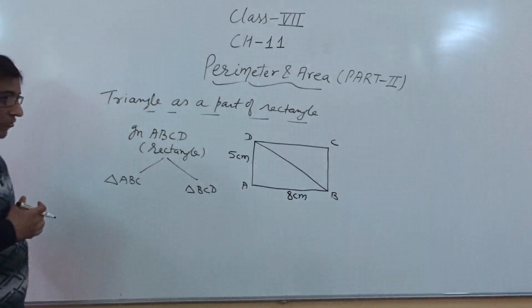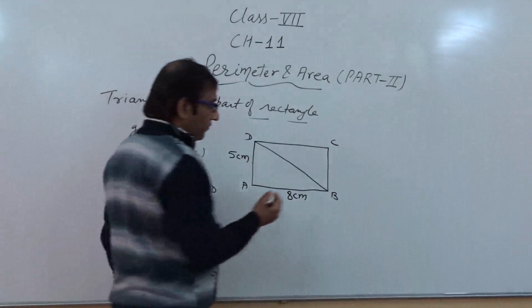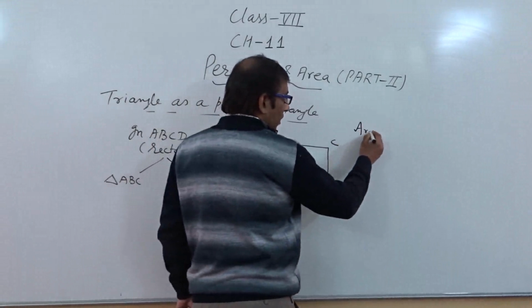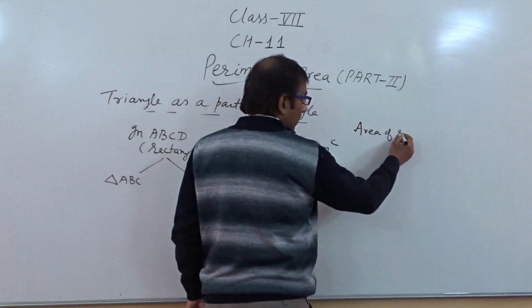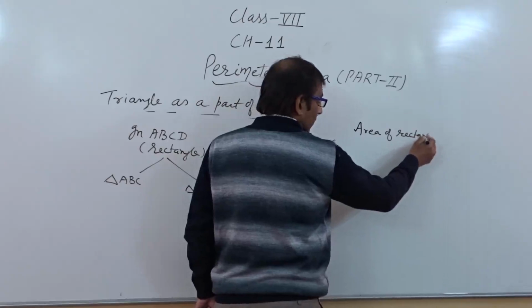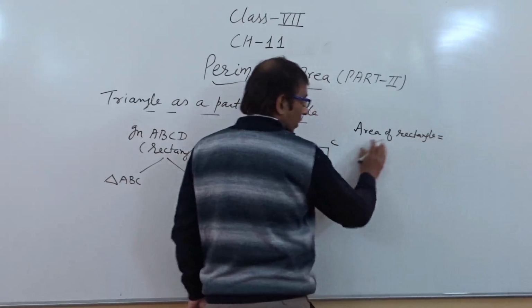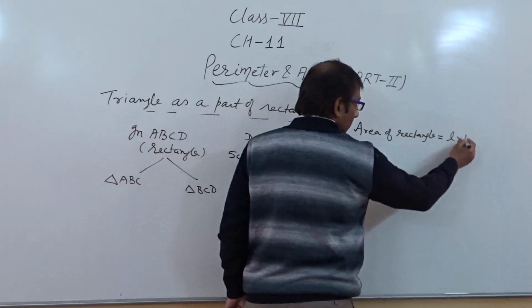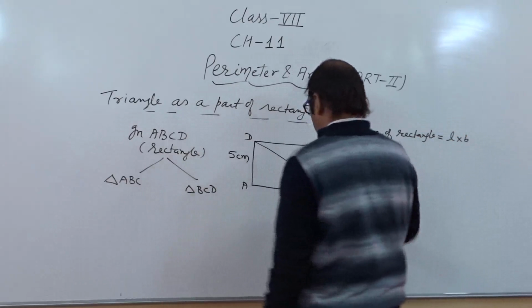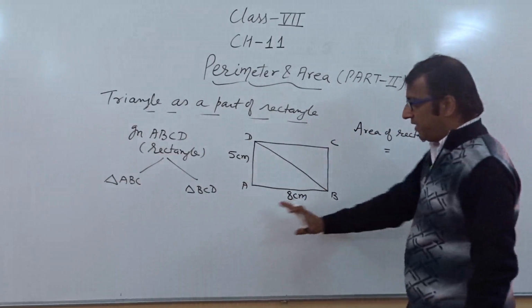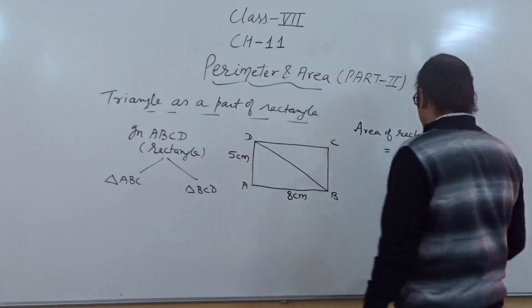So let me do this. Area of rectangle. The formula of area of rectangle is length into breadth. Length in this diagram is 8 centimeter and the breadth is 5 centimeter.